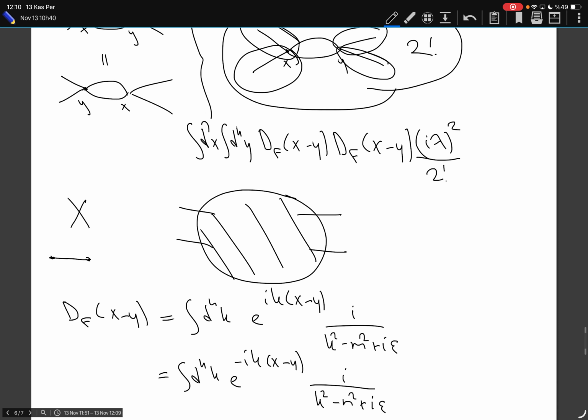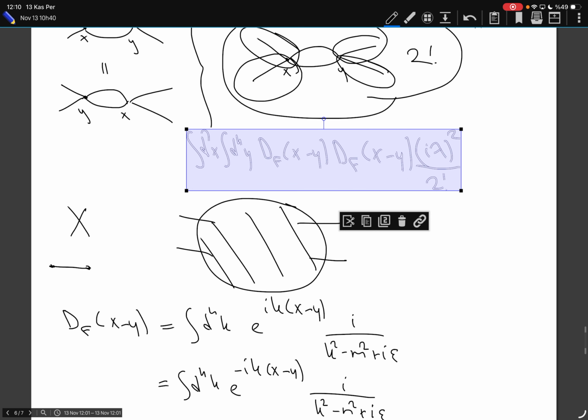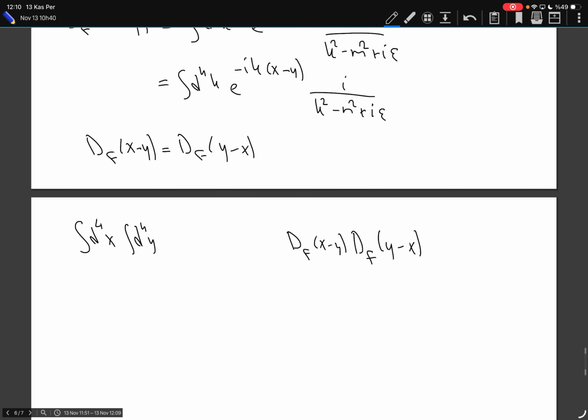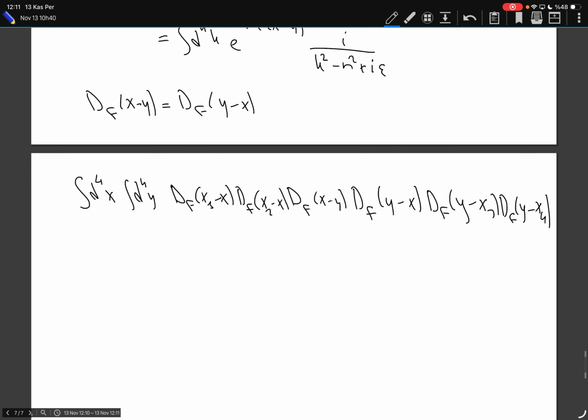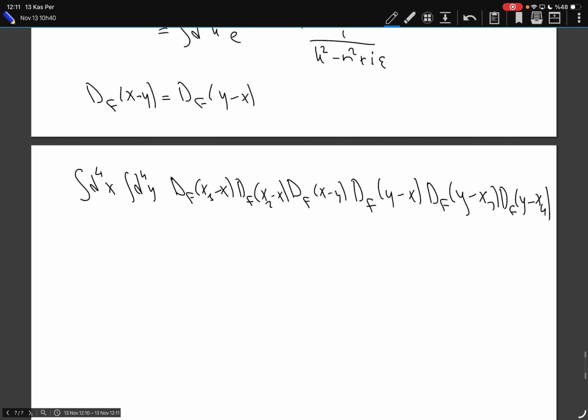You see, this is the contribution to the S matrix, but to the n-point function, to the 4-point function, I will have D_F(x1 minus x), D_F(x2 minus x), D_F(y minus x3), D_F(y minus x4). Let me write the Fourier transform. How many propagators do I have? 1, 2, 3, 4, 5, 6 of them.